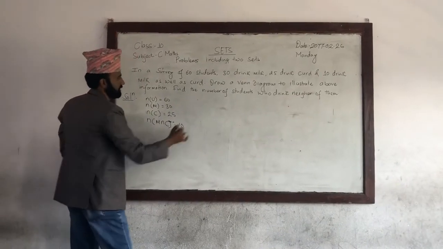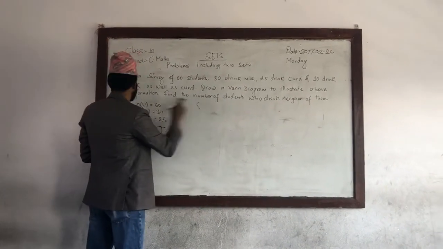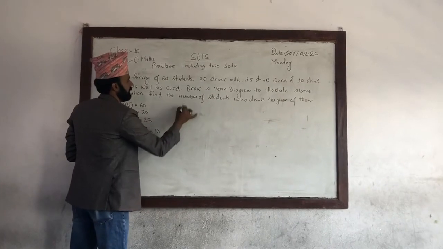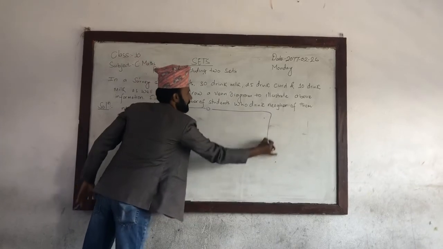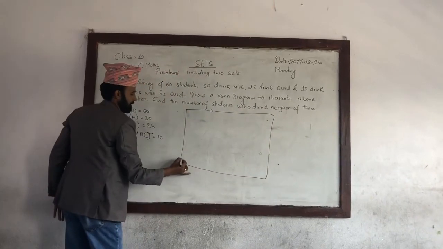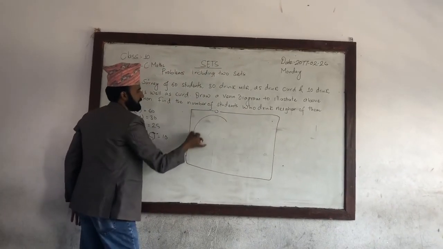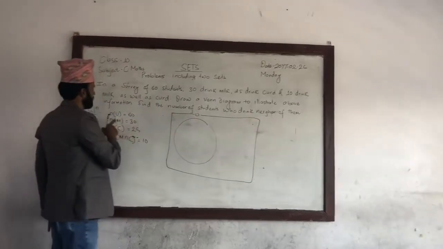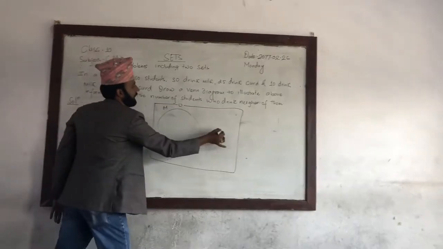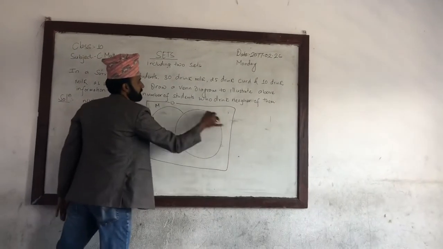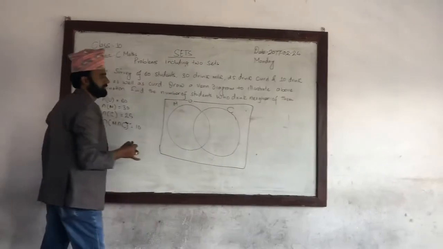Okay, solution. This solution is already there. Okay, this diagram is for the number of students who like milk. This is for milk, and this is for curd, who like to drink curd.